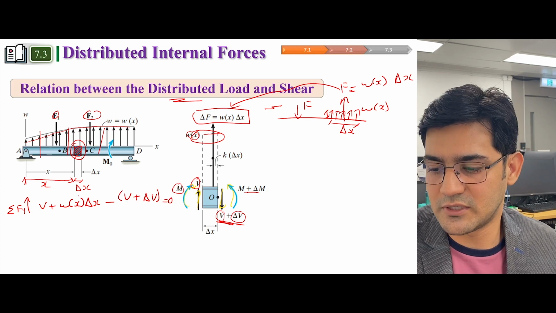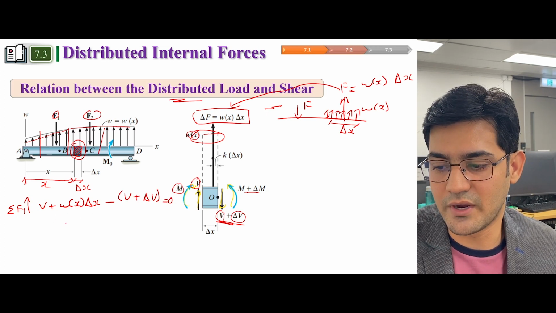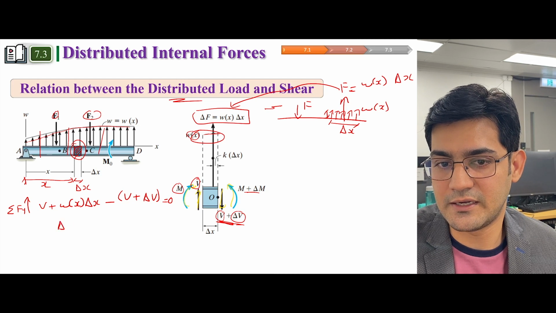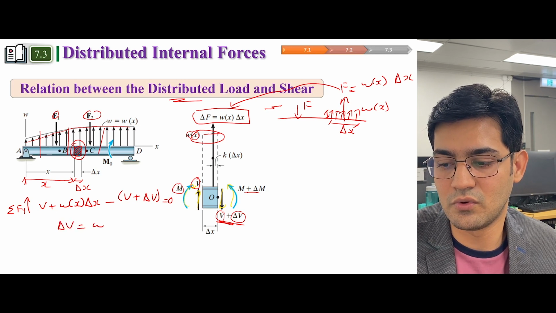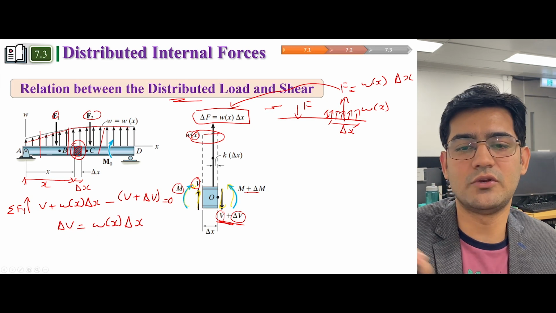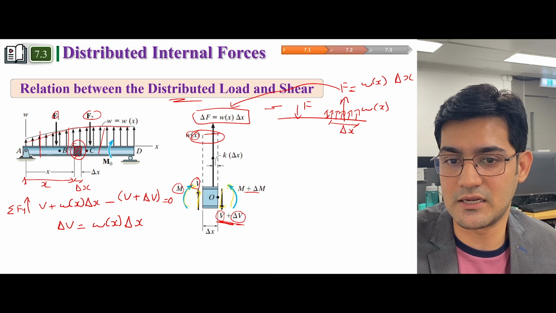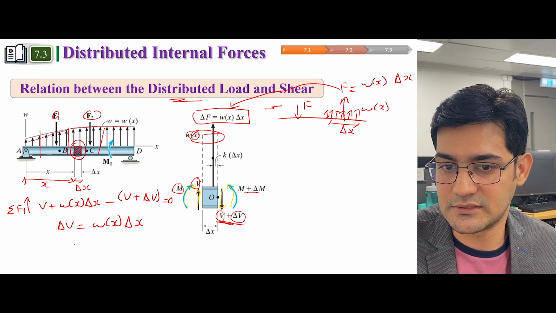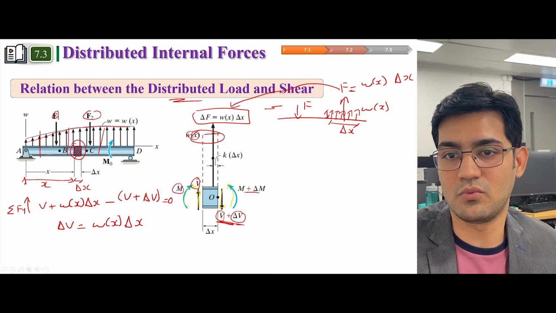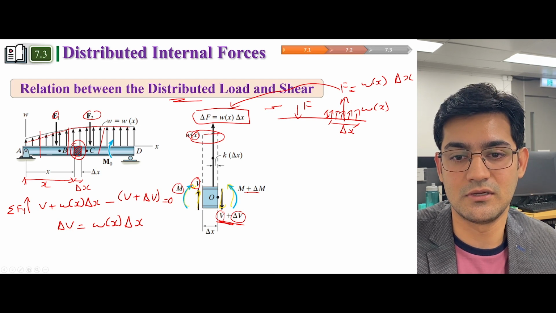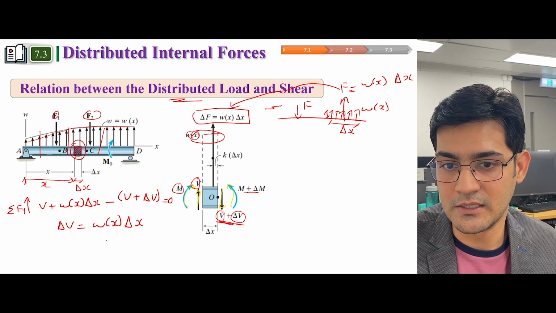If you solve this equation, you will get delta V equal to Wx delta x. No need to understand all this if it seems a bit complicated, but I'm just going to get to the answer, and then I'm going to explore what this mathematical formulation actually means.